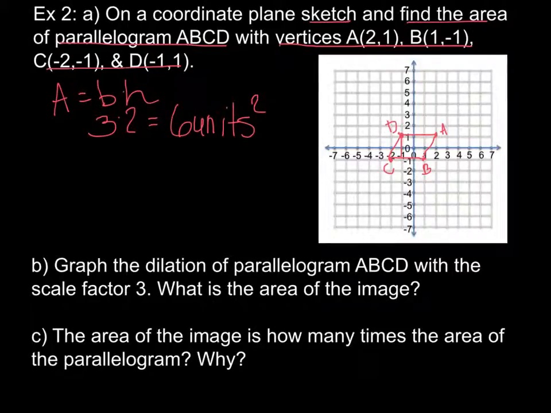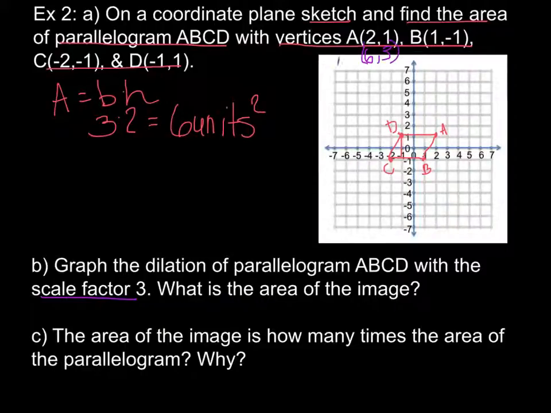In B, we have to graph the dilation of the parallelogram with the scale factor of 3. Scale factor of 3 just means all we're going to do is multiply each number in the coordinate by 3. So I'm going to write the new coordinates underneath of them. A, when we multiply 2 by 3, we get 6, and when we multiply 1 by 3, we get 3.